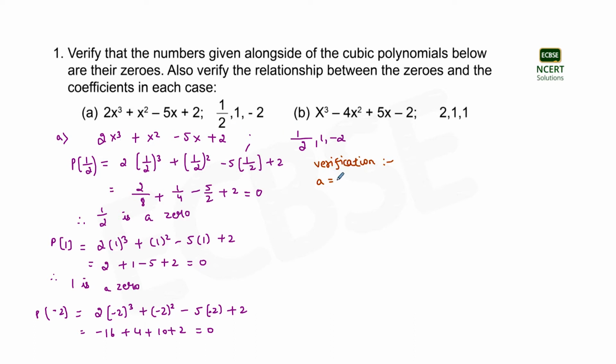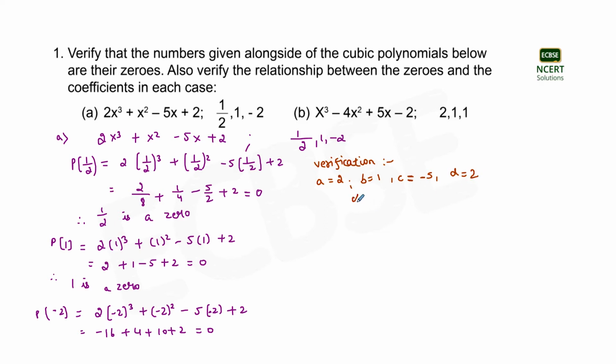That is, a is equal to 2. b is equal to the coefficient of x square, that is, b equals 1 in this case. c is equal to the coefficient of x, that is, c is equal to minus 5. And d is equal to the constant term in the polynomial. So here d comes out to be equal to 2.